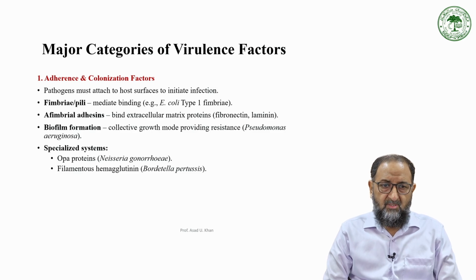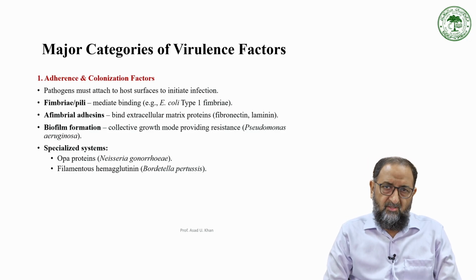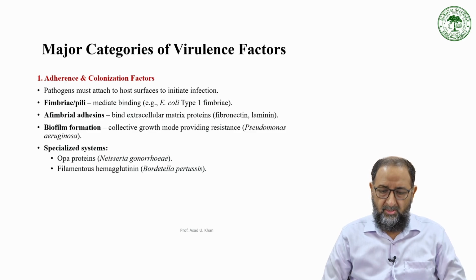Specialized systems include Opa proteins in Neisseria gonorrhoeae, which are specific signals for the pathogenicity of the strain. Then filamentous hemagglutinin, like in Bordetella pertussis, the cause of pertussis. The hemagglutinin is a filamentous protein factor, which is one of the virulence factors in Bordetella.